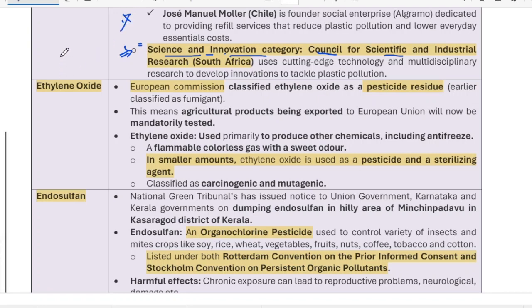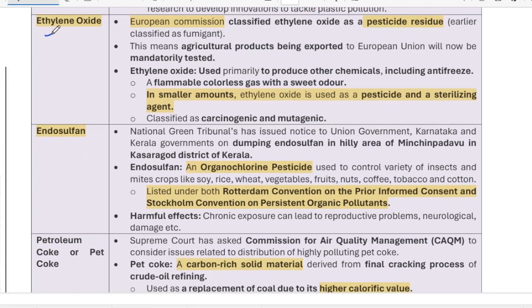Now, moving ahead to the next topic, ethylene oxide. The European Commission has put ethylene oxide as a pesticide residue. So what is this ethylene oxide? It is used primarily to produce other chemicals, including antifreeze. If this is a food, like a banana or an apple, there may be insects on it.